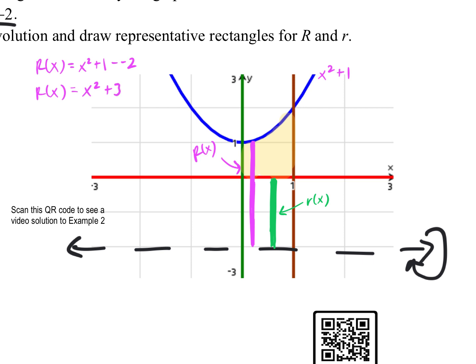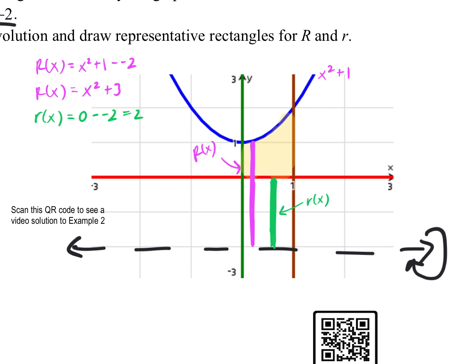My green little r of x is going to start at the x-axis. What is the x-axis value? 0. So we're going from 0, and then we're subtracting a -2, or my distance between 0 and -2 is 2. Wonderful. Now that I have those two pieces of information, the only other thing we need in order to plug into my integral is my lower and upper bounds.